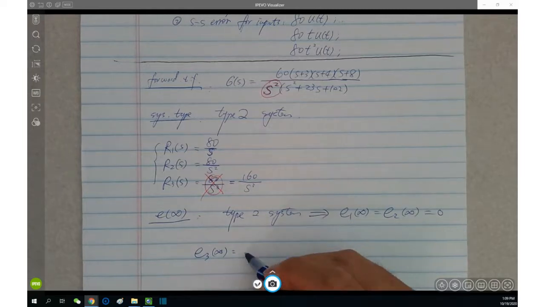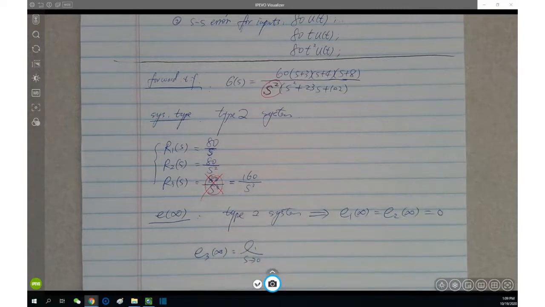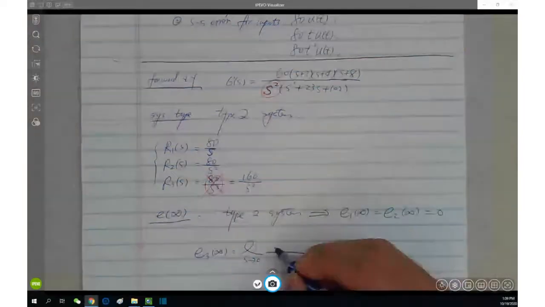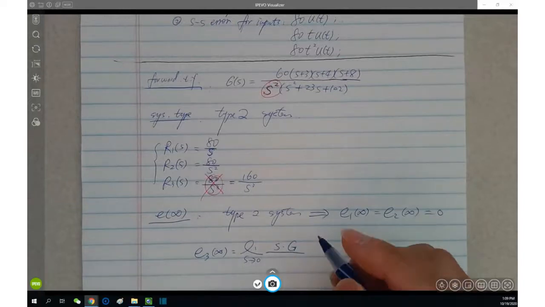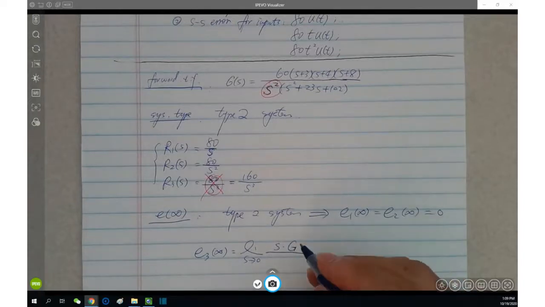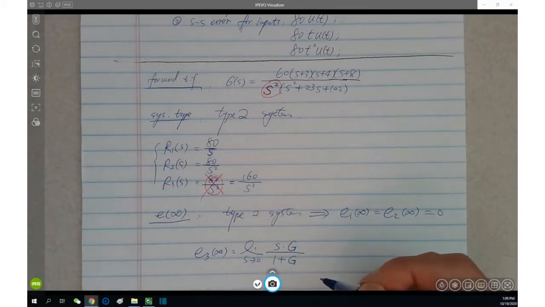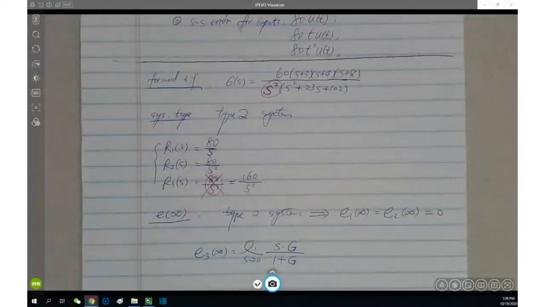Here we need to apply the formula. So first of all is a limit, like s approaching 0. And then the formula we have is s times R over 1 plus G. Good.